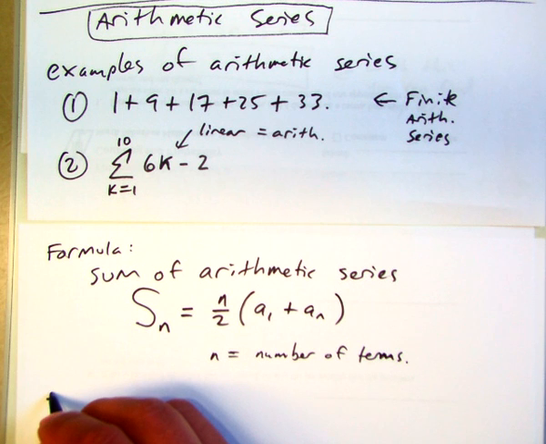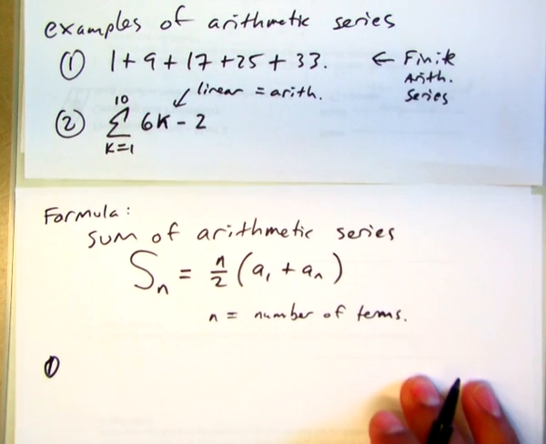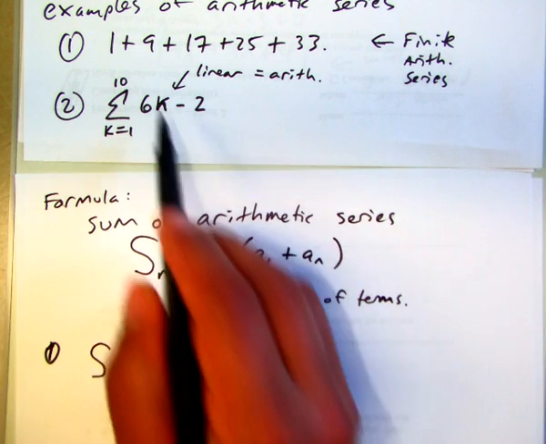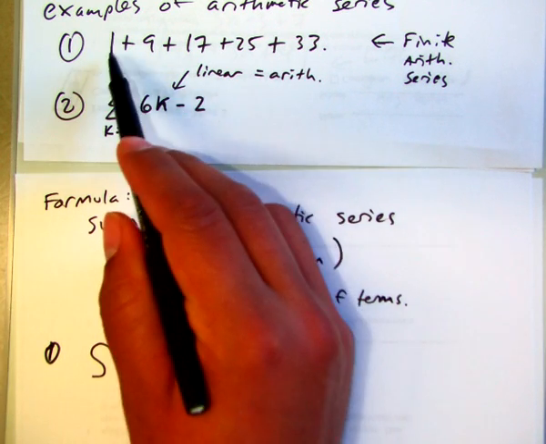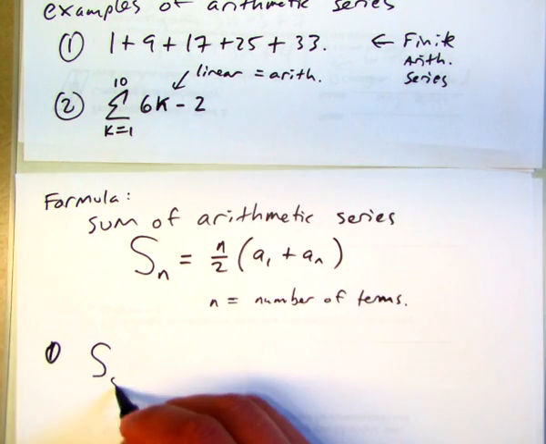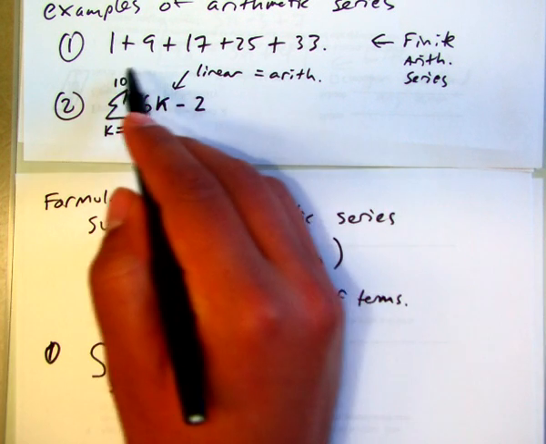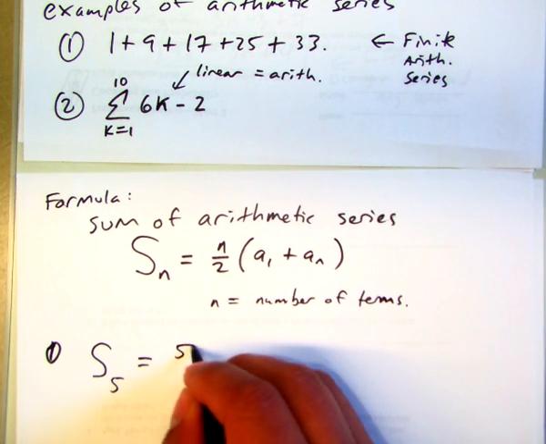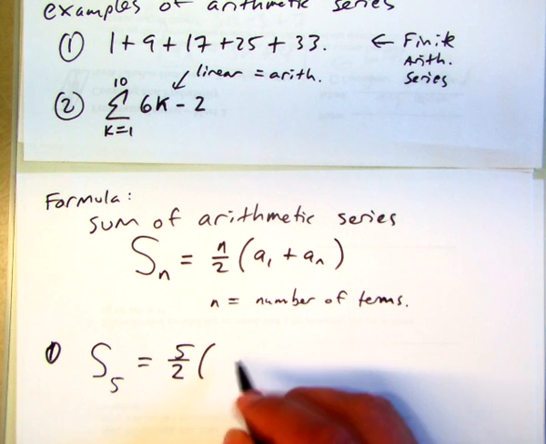So for the first problem, for number 1, I'm adding 5 terms together. 1, 2, 3, 4, 5. So it'll be the sum of the first 5 terms of this series. And according to the formula, I do 5 over 2. And then I just do first term plus last term.